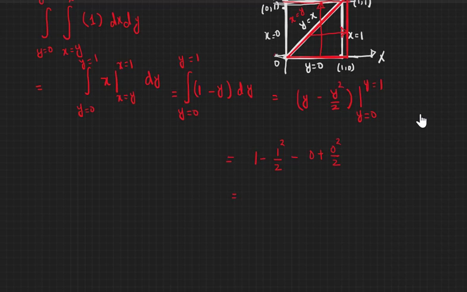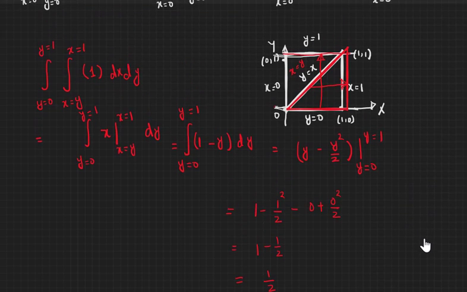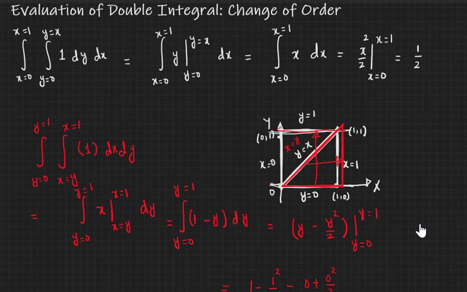Solving this, we will get 1 minus 1 over 2, which is basically equal to 1 over 2. Hence that gives us the same answer as we obtained using the double integrals when we evaluated this double integration with respect to y first and then with respect to x.